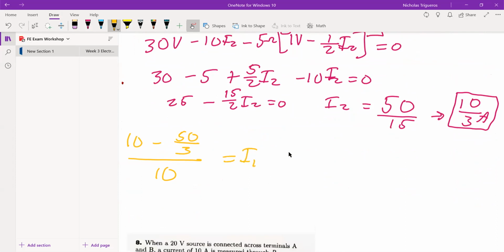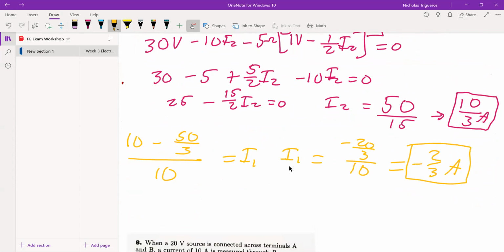So I1 is negative 20 over 3 divided by 10, that gives us 20 over 30, equals negative 2/3.